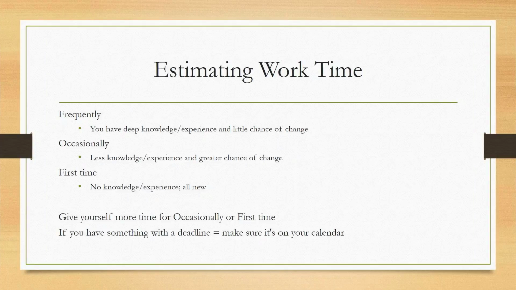So we want to make sure that we give ourselves and book ourselves enough time in our calendars and tasks to get things done. Also, something to think about, if you have something with a deadline, a best practice is to make sure it's on your calendar. That way you're looking at it during your day and you're seeing it. You can set reminders for yourself and so on.